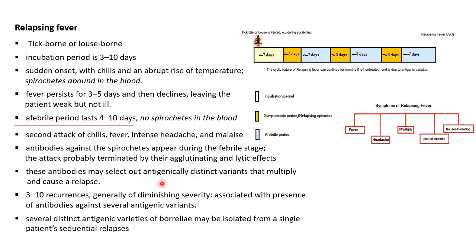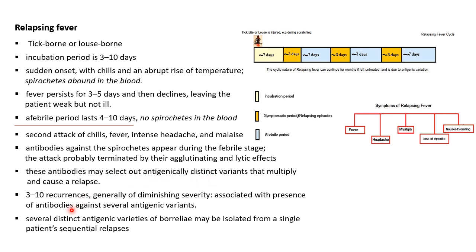So it is said that these antibodies may react and neutralize those with antigens that are specific to them, but may select out and leave viable the antigenically distinct variants, allowing these to multiply and cause the relapse.